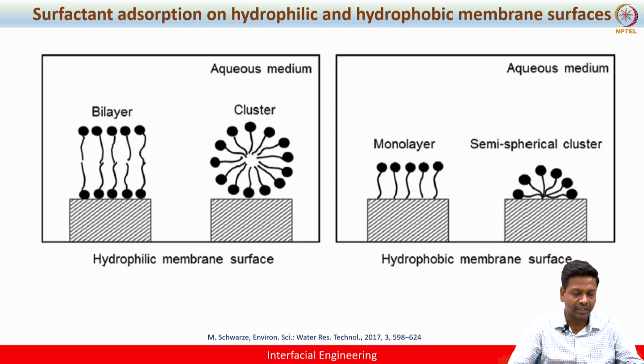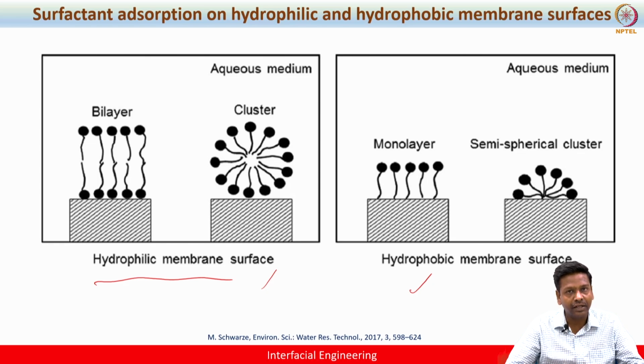Let's say we deal with two kinds of membrane. One could be a hydrophilic membrane, and the other type that we often deal with is a hydrophobic membrane. In the case of a hydrophilic membrane, say a functionalized membrane, the surface is made hydrophilic. The surfactant that we use has a head group and a tail group.